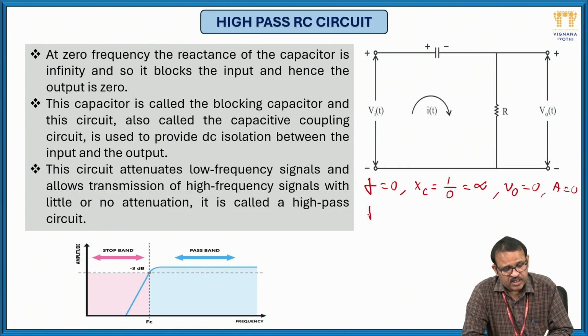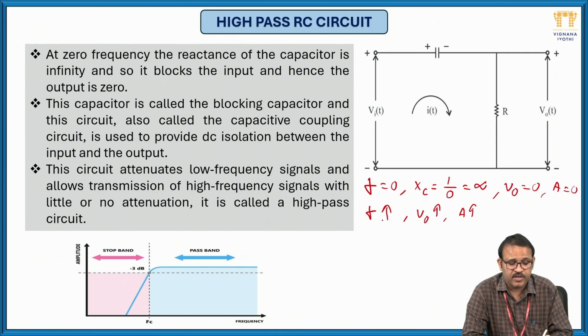Now if f is increasing, the reactance of the capacitor is going to decrease, the output voltage V0 is going to increase, and the gain also increases. In the third case, we need to define the cutoff frequency. The cutoff frequency is defined as the frequency at which the gain is 1 by root 2 of its maximum value.